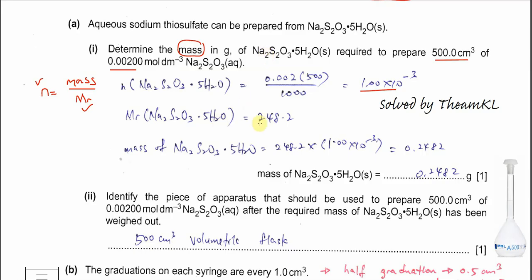Okay, molar mass is 248.2. So we just use the molar mass times the moles calculated just now, and we'll get the mass. The mass needed to prepare 500 cm3 of 0.002 mol per dm3 sodium thiosulfate solution is 0.2482 gram.